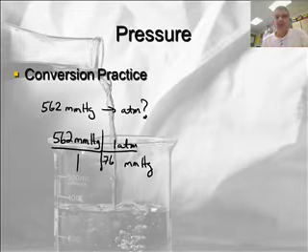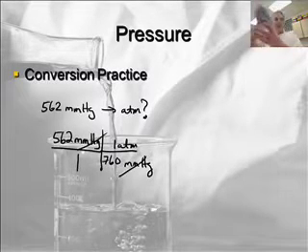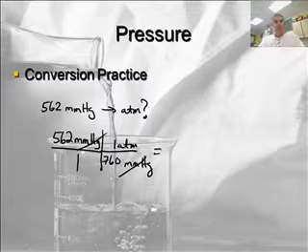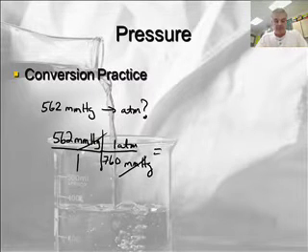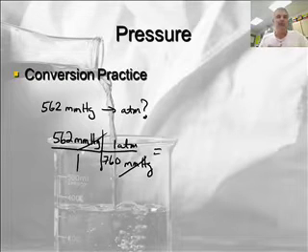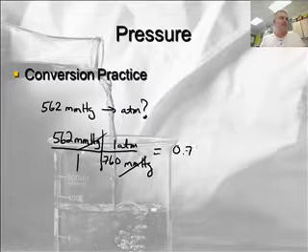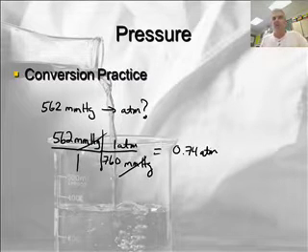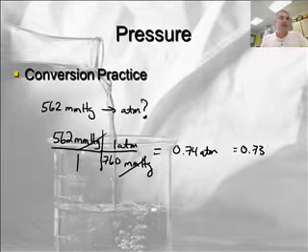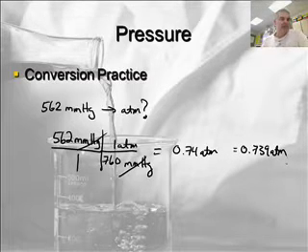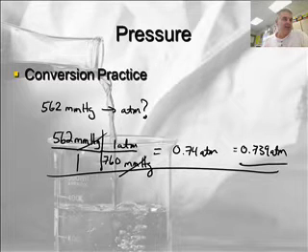Notice the millimeters of mercury cancel, so I grab my trusty calculator, and I take 562 divided by 760, and I get 0.74 ATMs, rounded to 2 significant digits. Probably should keep 3, so that's actually 0.739 atmospheres.